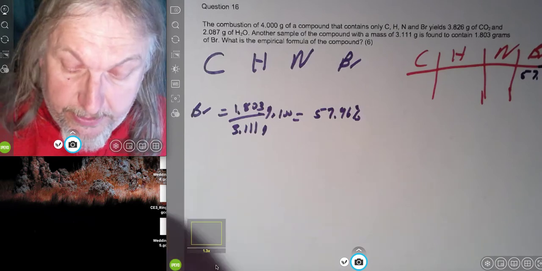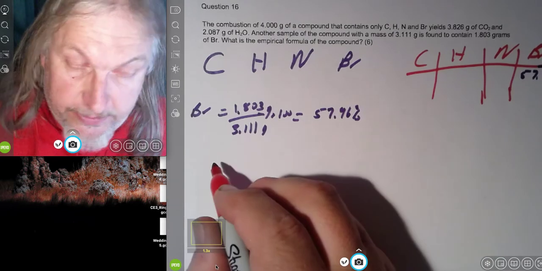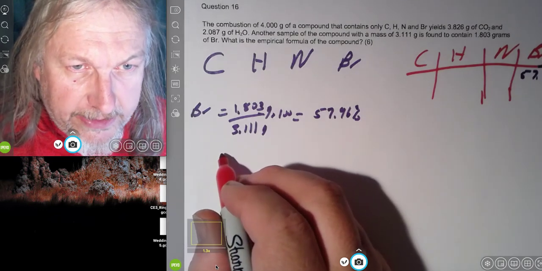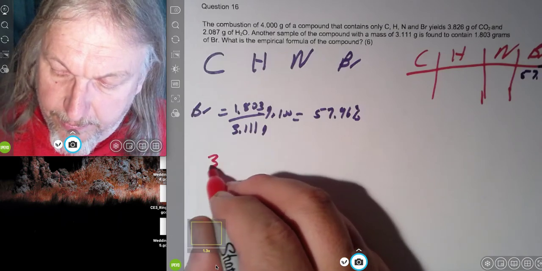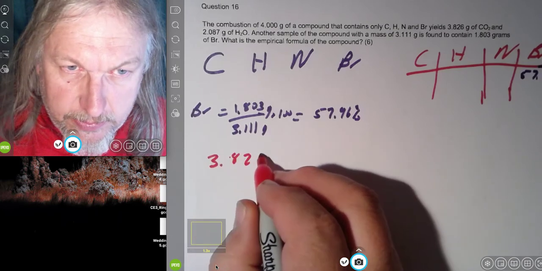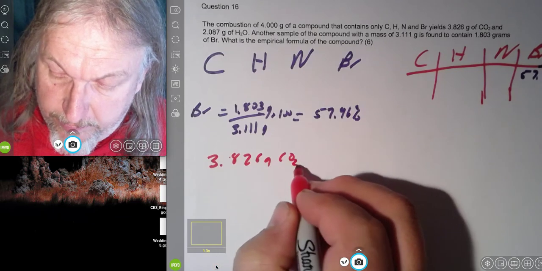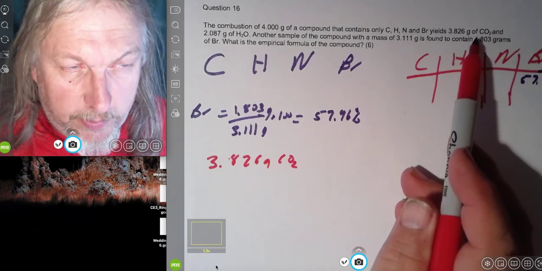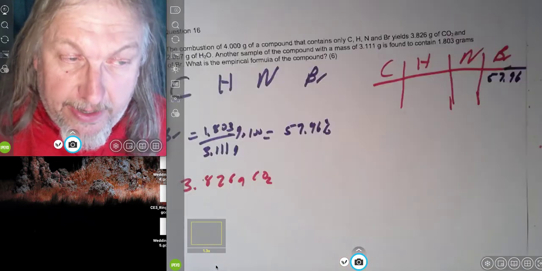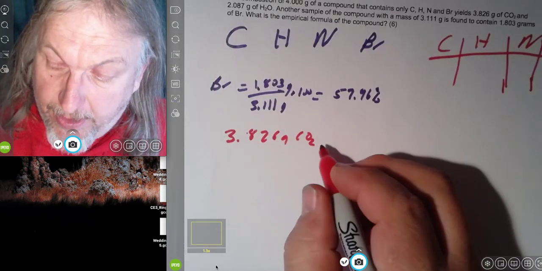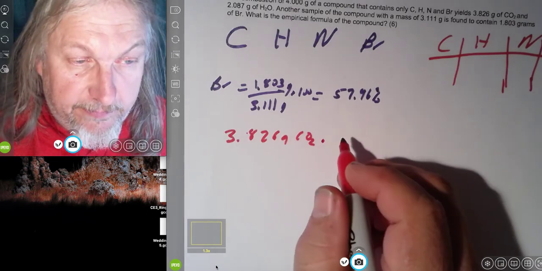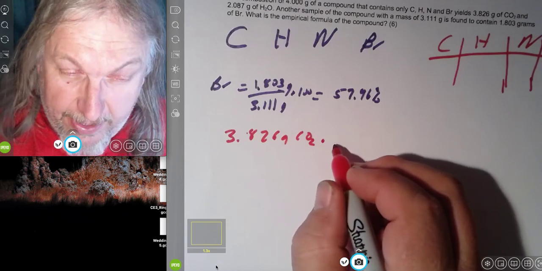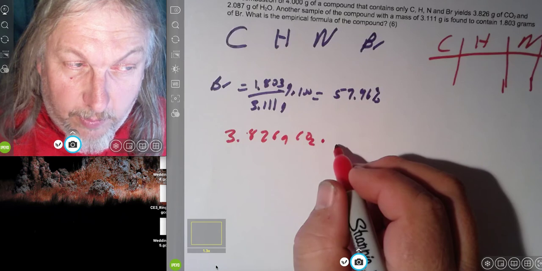So now let's do some combustion analysis. I'll use red. It tells me that I have 3.826 grams of CO2. So I know something: for every mole of carbon dioxide, there is 1 mole of carbon, right? So I've got a mass of carbon dioxide, so now I can get the number of moles of carbon dioxide, and then from that I can reason out the number of moles of carbon.